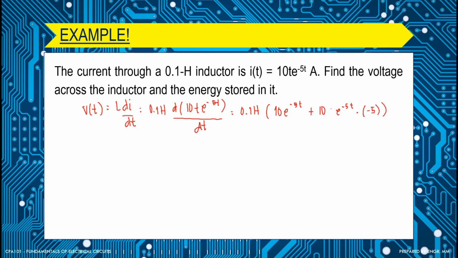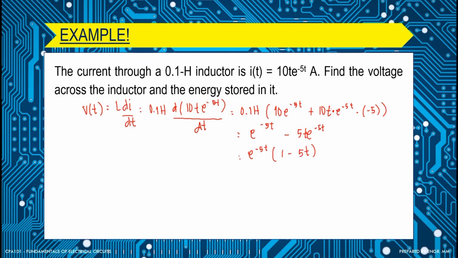Distributing the 0.1 Henry, we have e^(-5t) minus 5t e^(-5t). If we factor out e^(-5t), this will be (1 - 5t) e^(-5t).